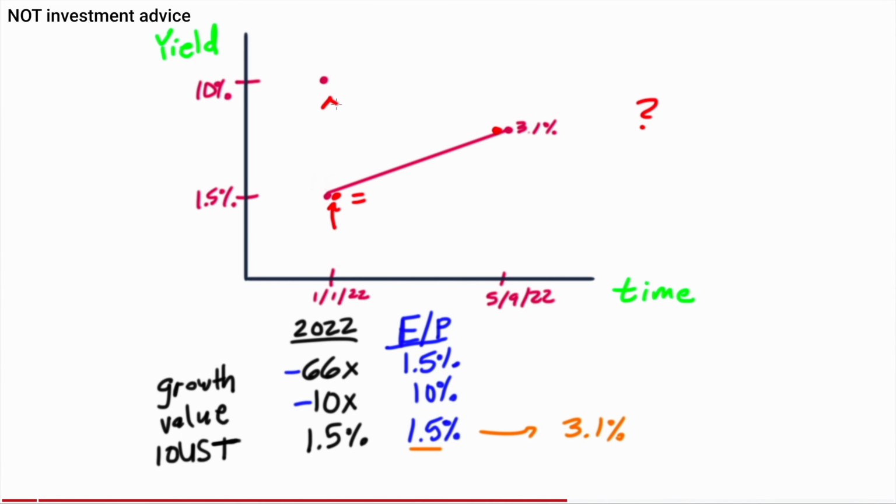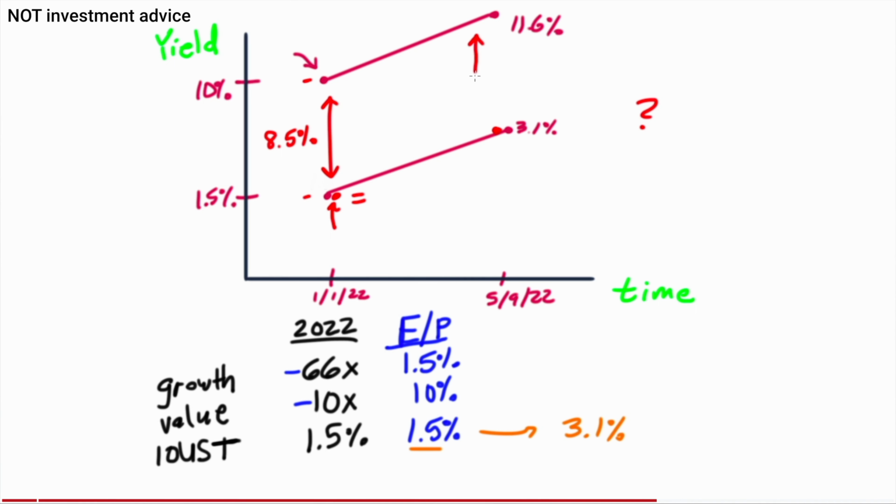We'll assume that the relationship between the value stock and the 10-year US Treasury remains constant. So here we had 10 minus 1.5, or an 8.5% spread between these two numbers. So if we assume this relationship stays constant, the new earnings yield for the value stock would go from 10% here to 11.6% here.